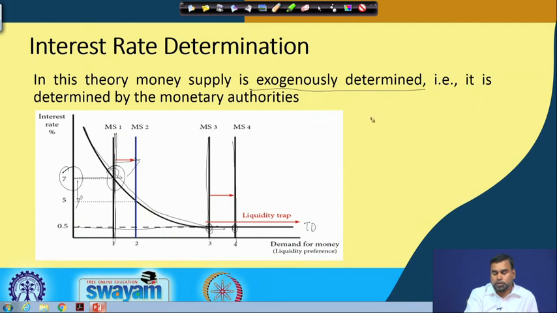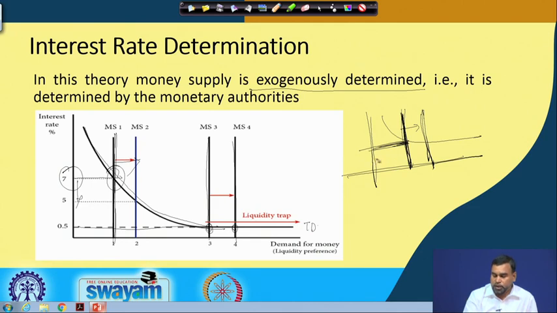So, overall what we see is this is your liquidity preference curve, and this is your money supply, which is fixed at a particular point of time because it is determined by the monetary authority. This is your interest rate, and a change in interest rate can happen whenever there is a change in money supply.